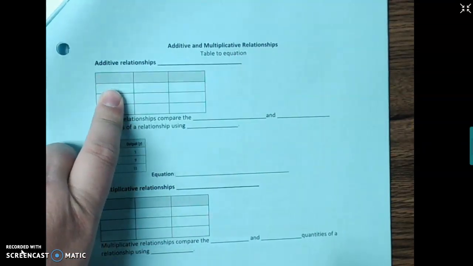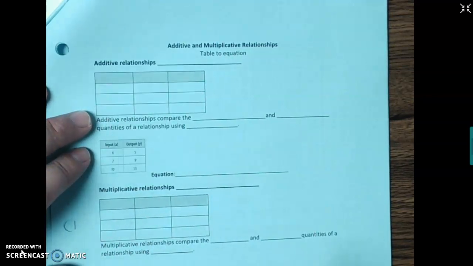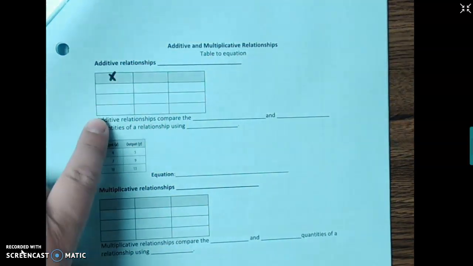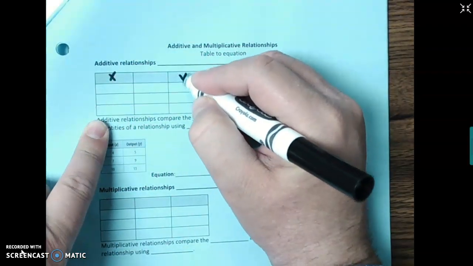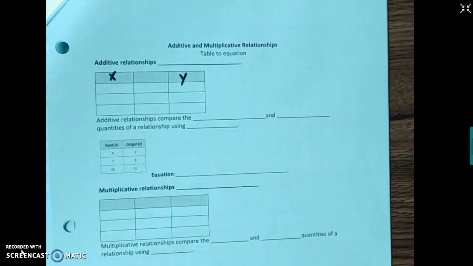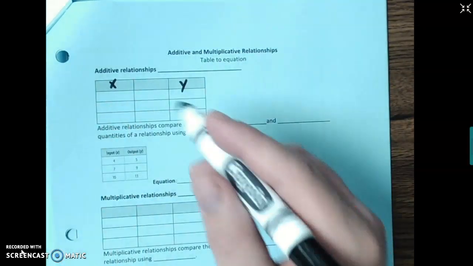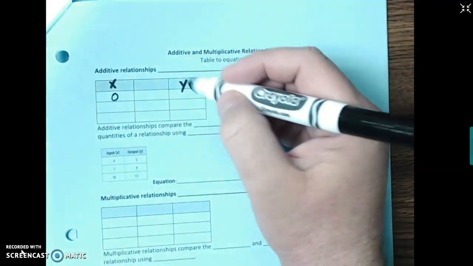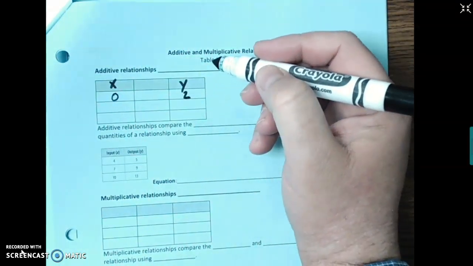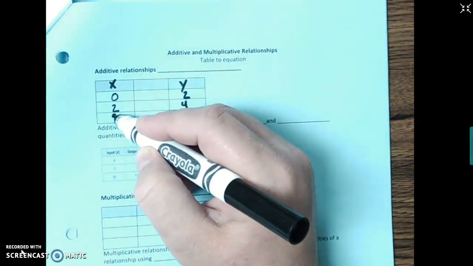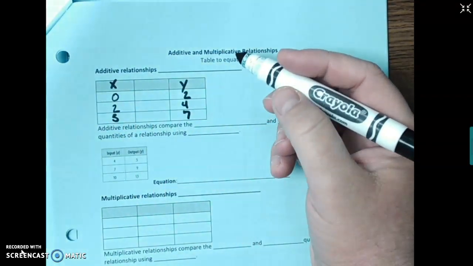Additive relationships simply mean that we add. So if my x value, and my x value will always be on the left, my y value will always be on the right when my tables go up and down. If I make my x value, let's say I make it 0, and I make my y value 2. My x value 2, 4, 5, and 7.